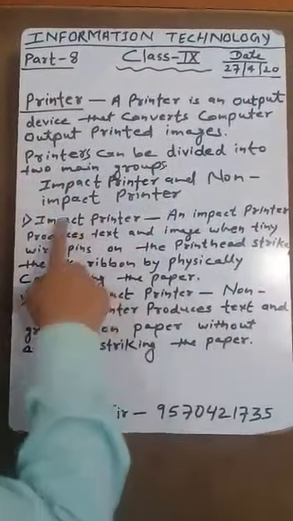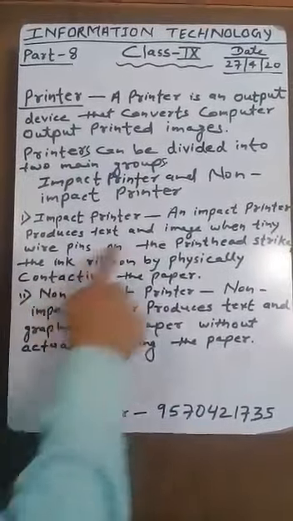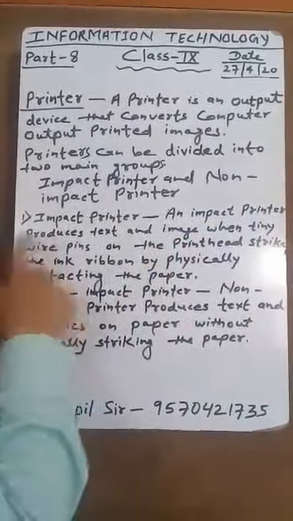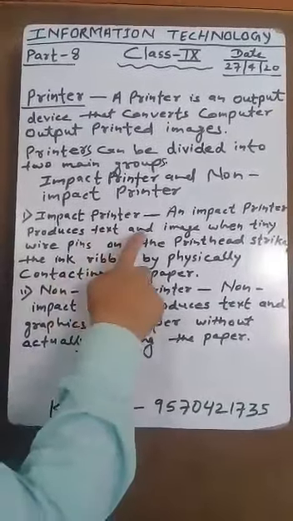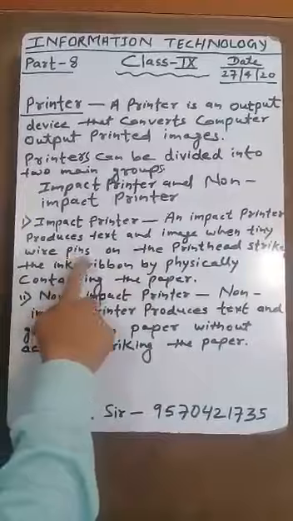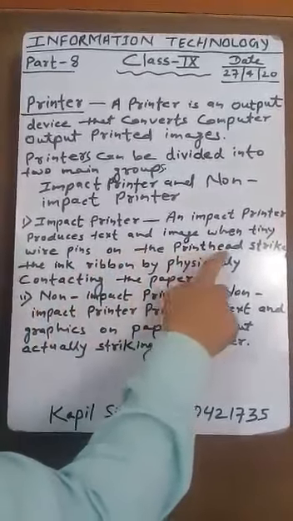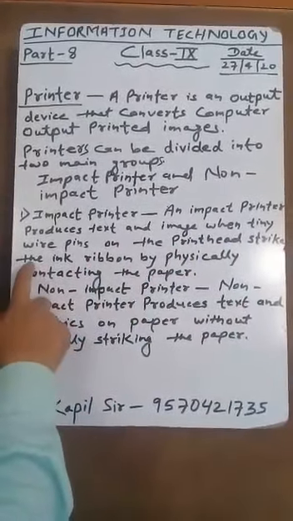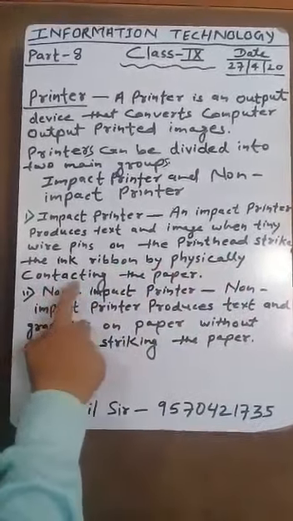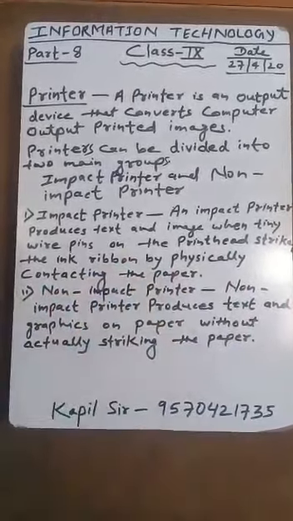Impact printers produce text and images when tiny wire pins on the print head strike the ink ribbon by physically contacting the paper.